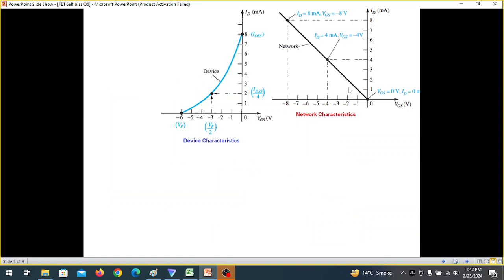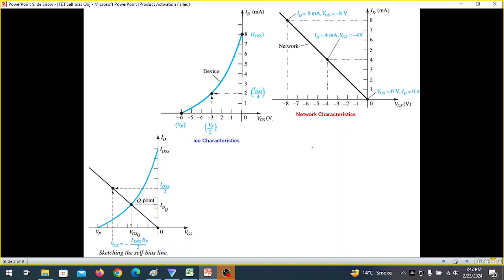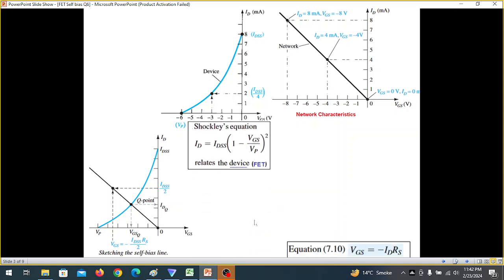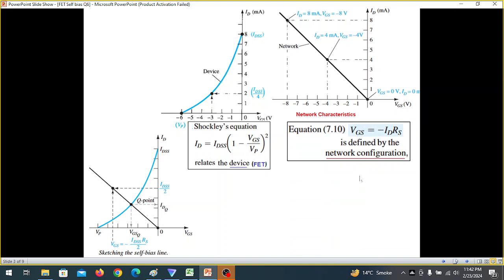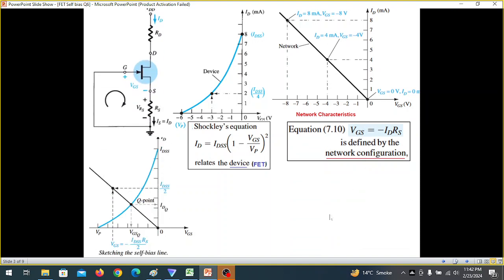So this is the network characteristics, and this is the device characteristics. And as we have learned, we superimpose both, and then we'll find the Q point, IDQ and VGSQ. This is plotted with the Shockley's equation, and this is plotted with the network equation.